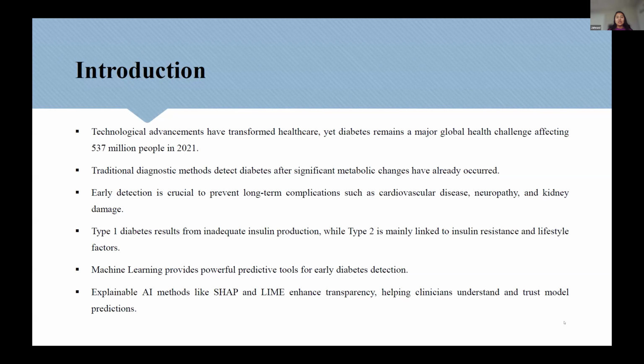Now, traditionally, diagnostic methods detect diabetes, but if we do not detect it on time, the patient might suffer from cardiovascular disease, neuropathy, or kidney damage, which are very critical long-term diseases. Diabetes mainly divides into type 1 and type 2. Today's method will help us detect both types. And as I said, I'll be utilizing multiple models to come up with one standalone solution.